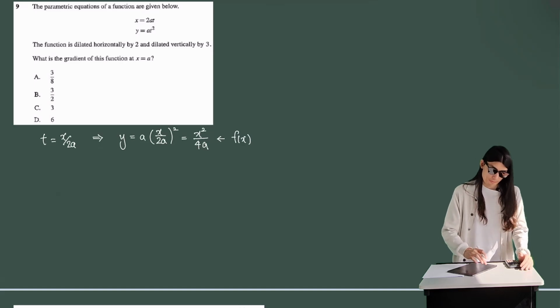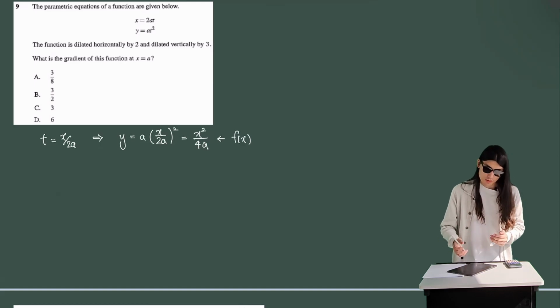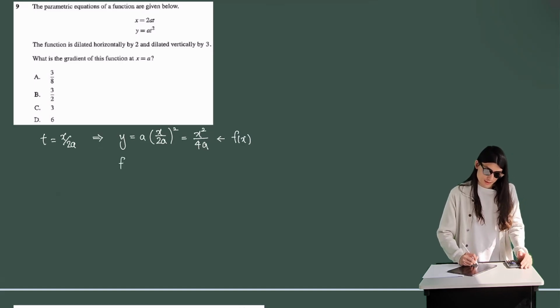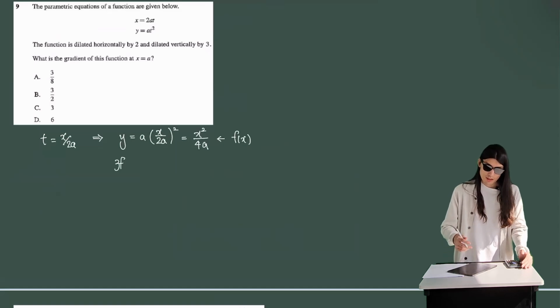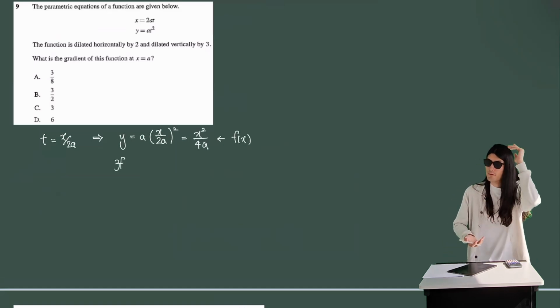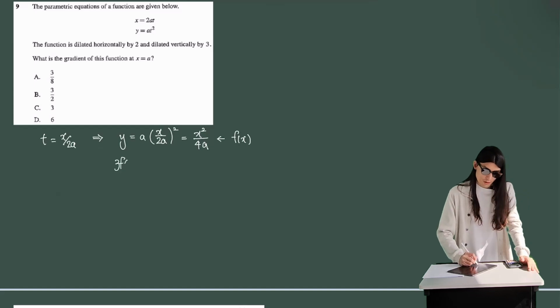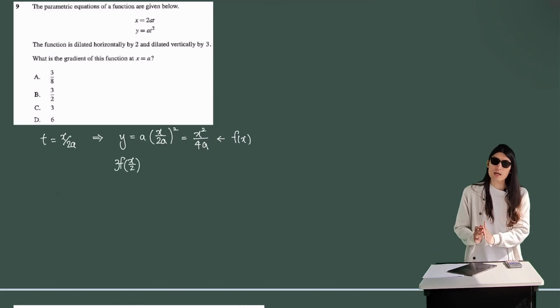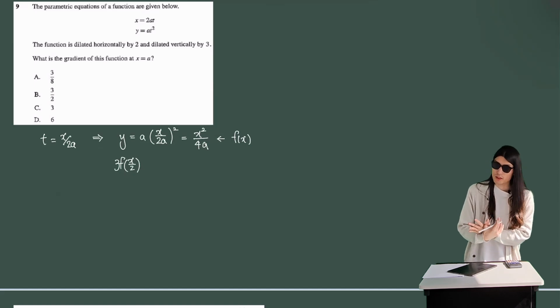So the function that the question over here, well, I should say the dilated function the question is describing is 3 times, because it's been dilated vertically by a factor of 3, f of, now the horizontal dilation factor was 2. So 3 times f of x over 2 is the dilated function that the question is talking about.